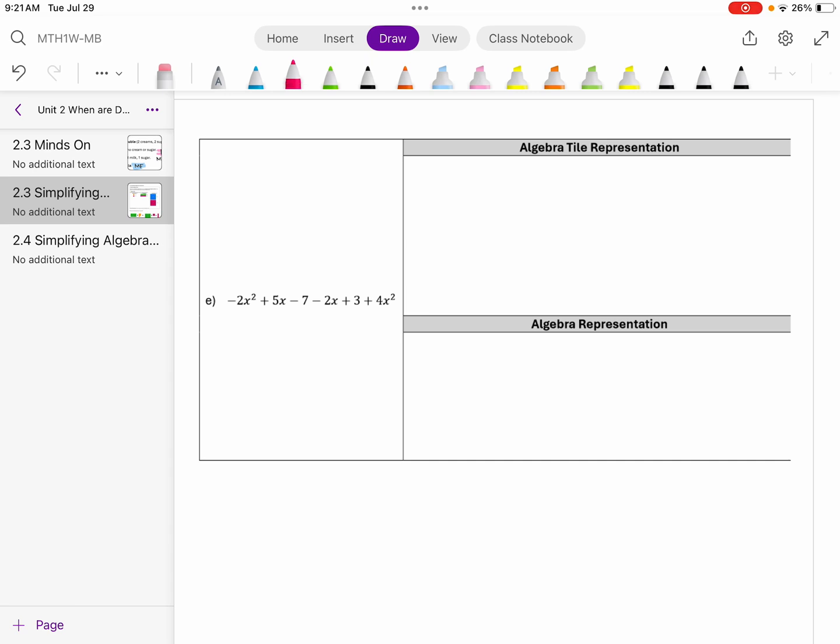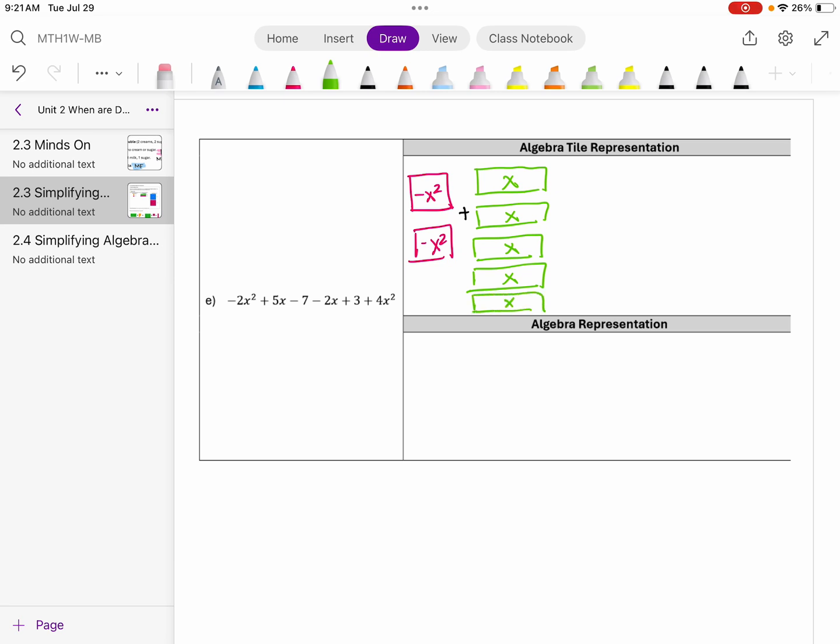Okay, so if I was representing this with algebra tiles, I would start with 2 negative x squared tiles. I would have my 5x tiles, so these are a little bit longer. Negative 7. Minus 2 x's.